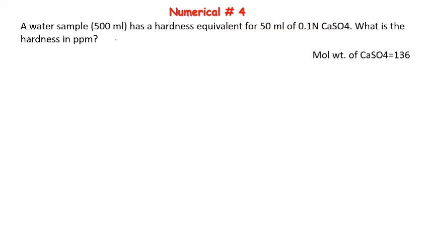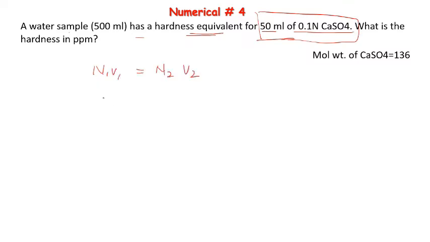A water sample has a hardness equivalent to 50 ml of this calcium sulfate. What is the hardness in ppm? So a water sample is given and it has equivalent hardness of this solution. I hope you understand what we are going to do here. N1V1, that is the normality equation, is equal to N2V2. This is my water sample, and this is my calcium sulfate solution.